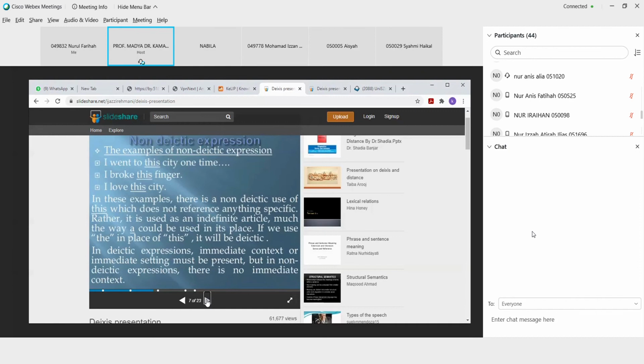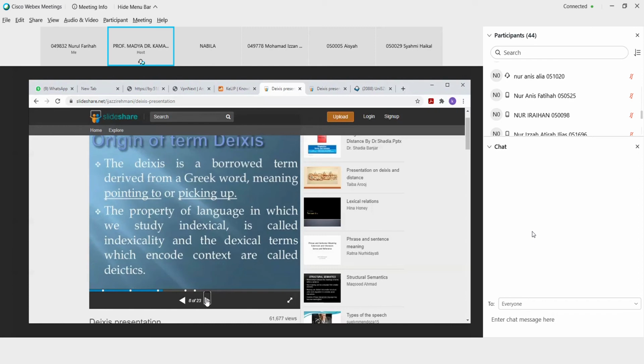Okay, next. Deixis is a borrowed term derived from a Greek word meaning pointing to or picking up. The language in which we study indexicals is called indexicality, and the lexical terms which encode context are called deictics.